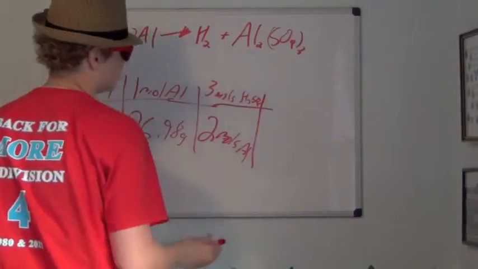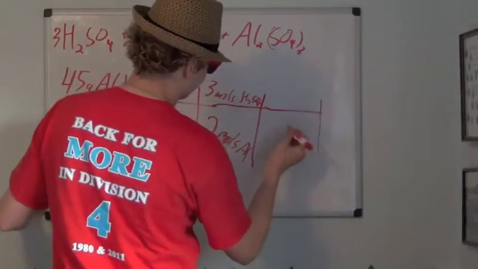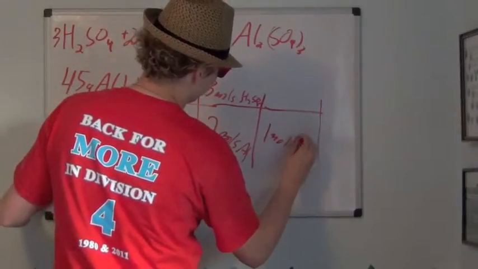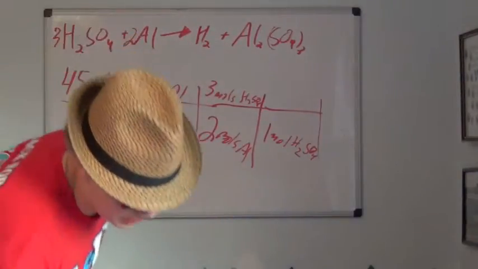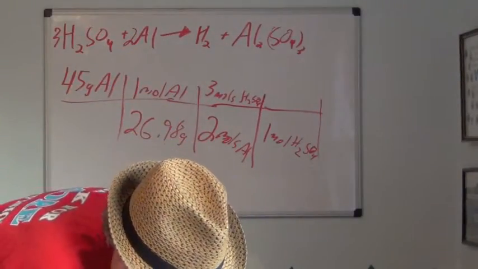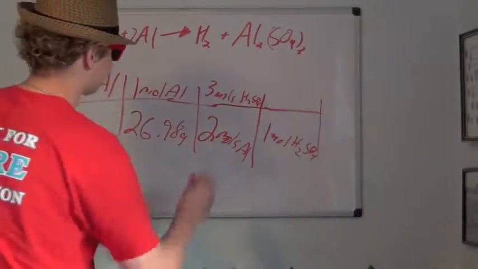H2SO4. And now over here, we're going to still keep it as 1 mole H2SO4, which the molar mass of H2SO4 is 98.08 grams.